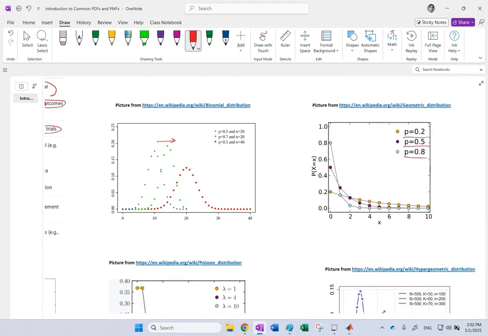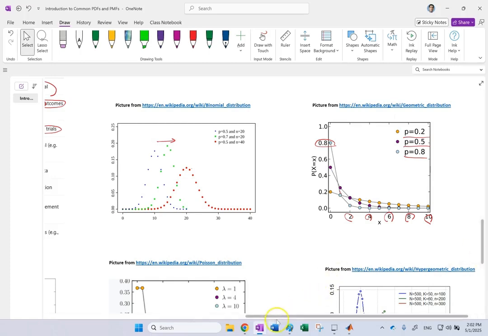Okay, and you see that when p is large, you have this sharp drop as the number for x gets bigger, and when p goes down a little bit, you still have the drop, but it is not as sharp.